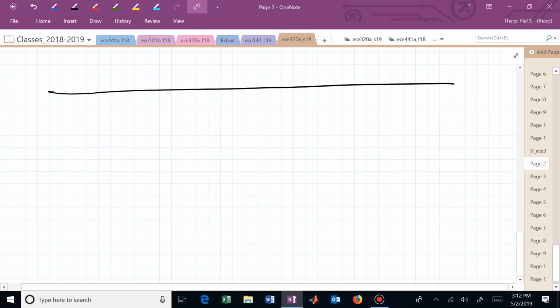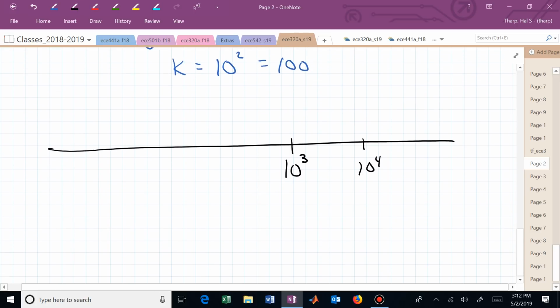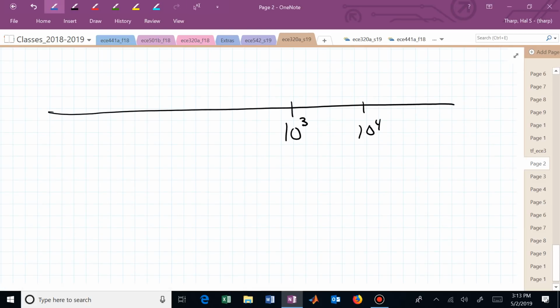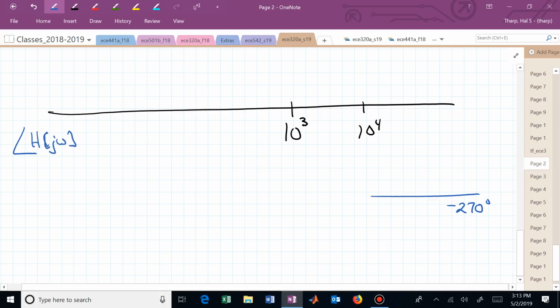And if we needed to plot this, so here is 1,000, and here's 10,000. Now we're saying that the high frequency phase is minus 270 degrees. If this is now our phase plot of this filter, does that tell us anything about the filter order?